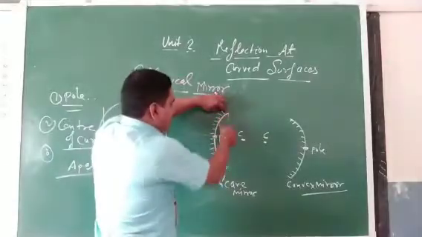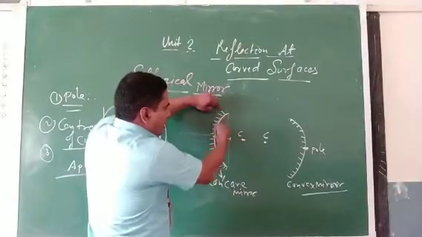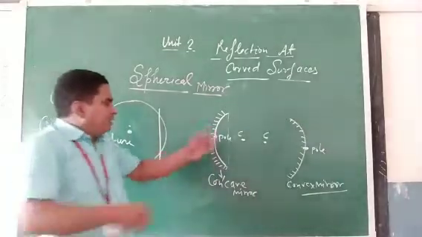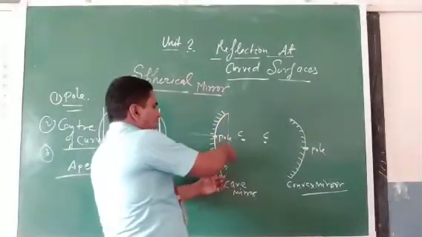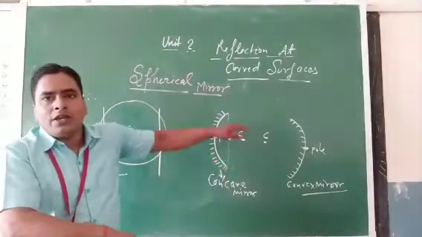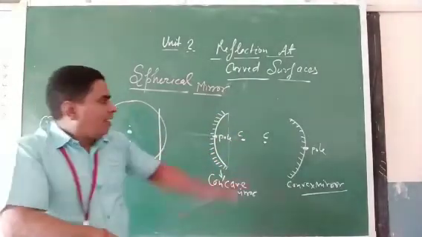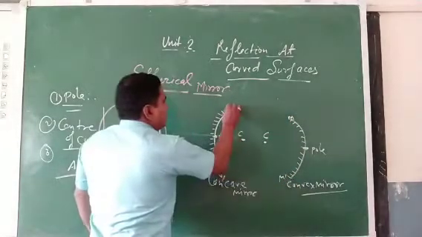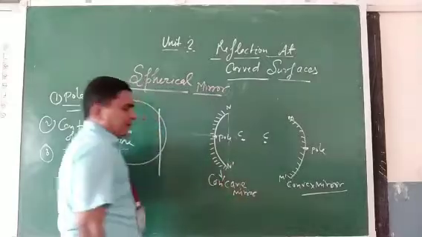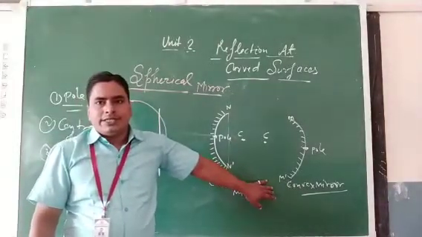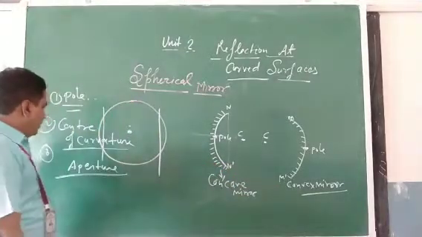Whatever area there is in this mirror where reflection will take place, this complete area or region is called the aperture. Same as here, this is the aperture, M dash. Here the aperture, suppose N dash, in the case of concave and convex mirrors. Okay, students, clear?